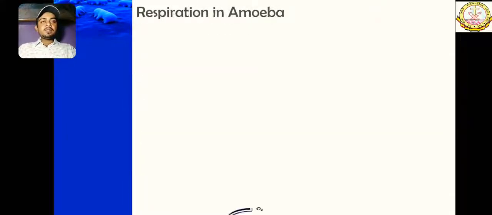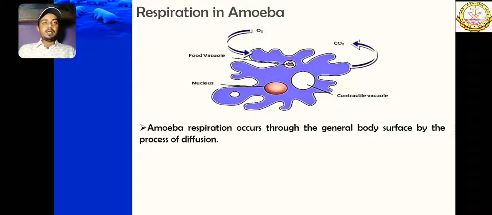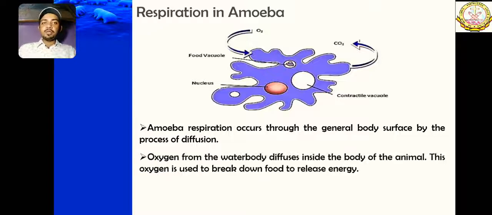Now let's see respiration, how it happens. For respiration, diffusion is used. Simply, oxygen will be absorbed from the atmosphere and carbon dioxide will be released into the atmosphere. Let's see in detail. Amoeba respiration occurs through the general body surface by the process of diffusion. Oxygen from the water body diffuses inside the body of the animal.